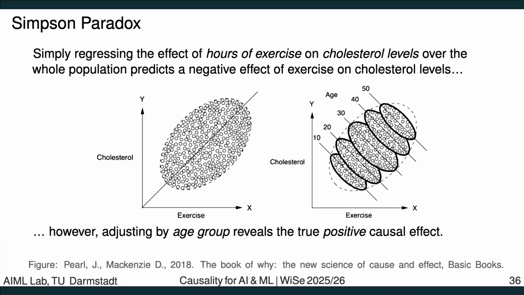But the problem is that the overall population is heavily influenced by age. So the different age groups induce this overarching bias, these positive correlations. But if we were to condition on age, or say age groups in a range of 10 years, we would see that within each of those groups, exercising really helps.